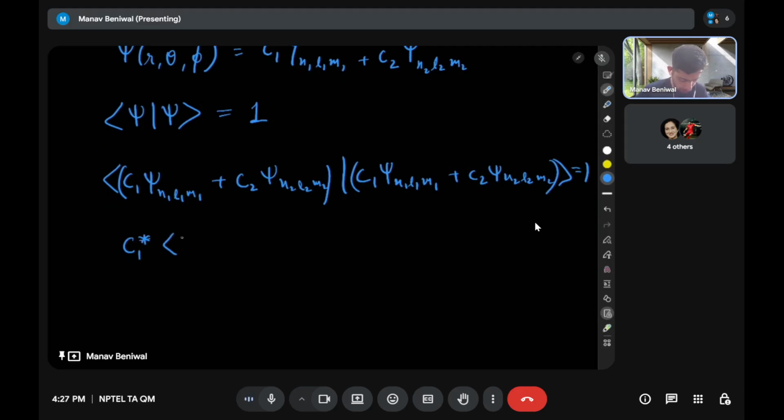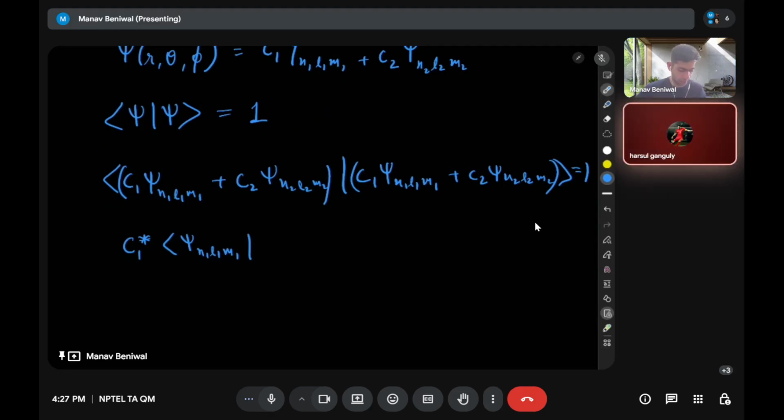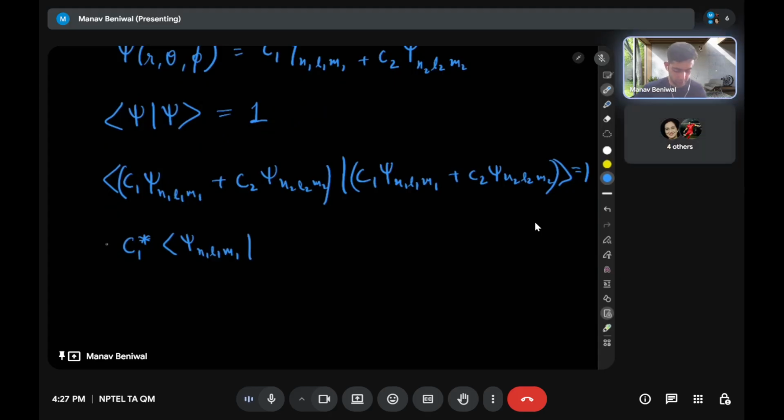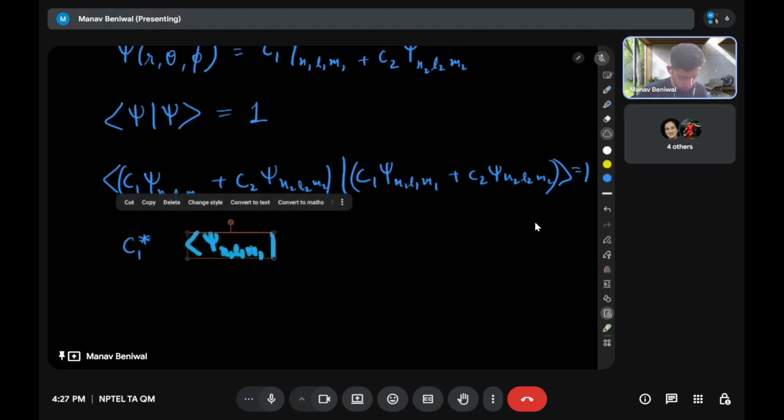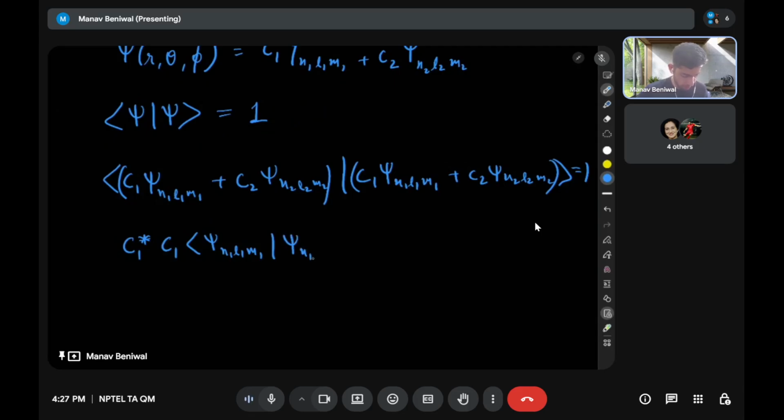And here I'll have psi n1 l1 m1, and this c1 is in ket space, so it will remain c1. So I'll have one c1 here, and we'll have psi n1 l1 m1. So this is one term; we'll get a total of 4 terms.